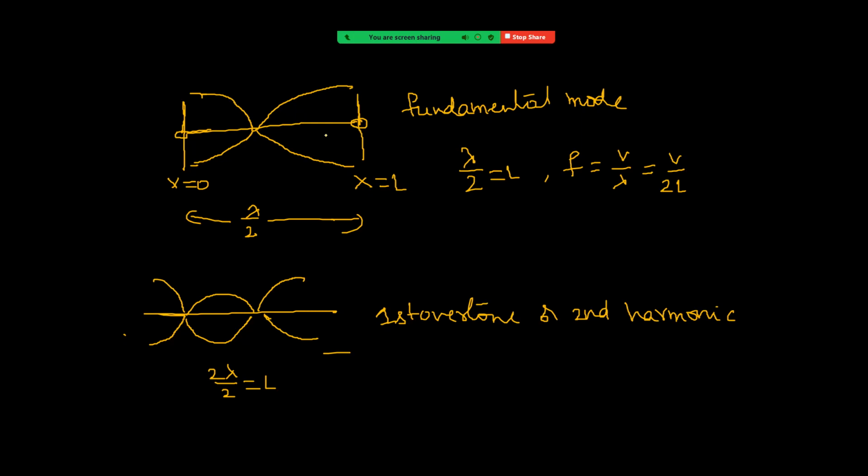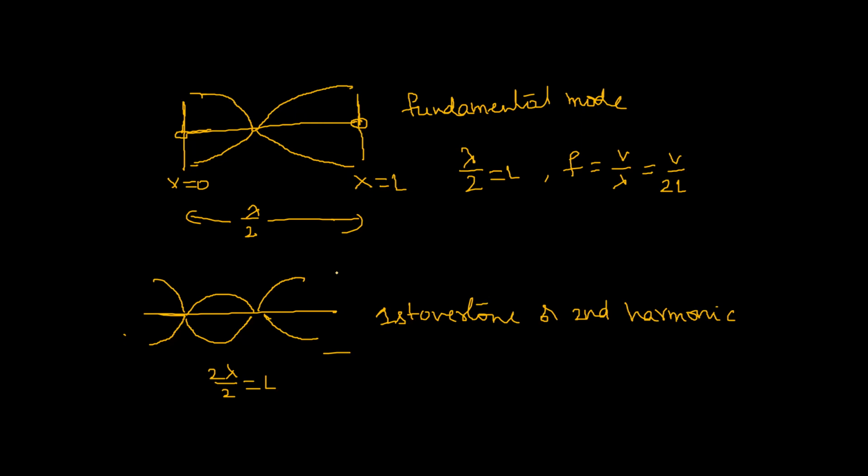In the previous we got one complete loop. Here we got two half loops. Coming to the first overtone, we got two complete loops in the previous one. Here we got two half loops and one complete loop. That is the only change. The remaining frequency formula is the same as it is.